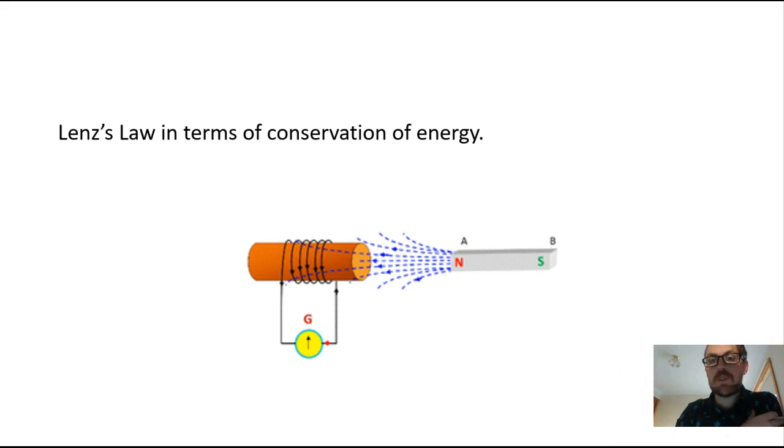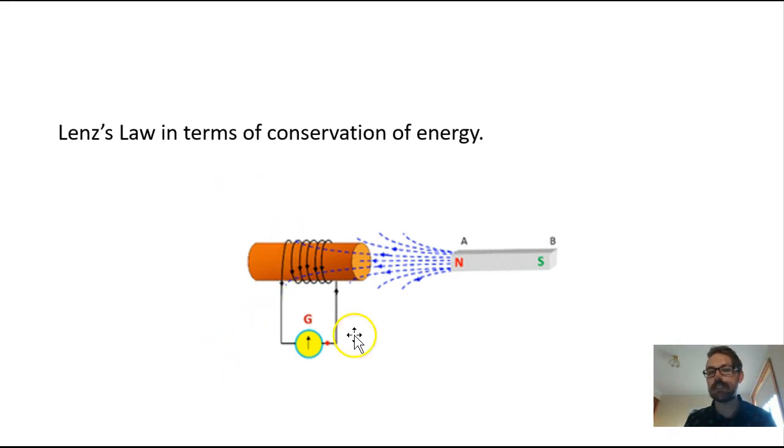Lenz's law also obeys the conservation of energy, and this is a really important concept. When we're moving our magnet back and forward, we're creating a current in this bottom wire. The conservation of energy says you can't create or destroy energy. So as we're creating energy by moving this, we need to lose it somewhere.